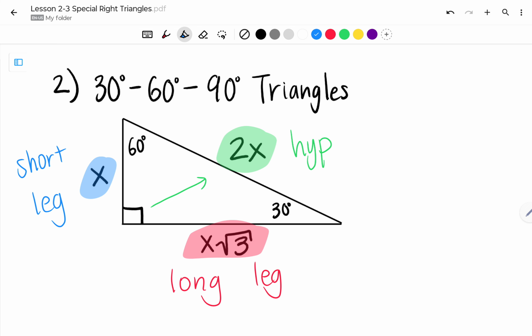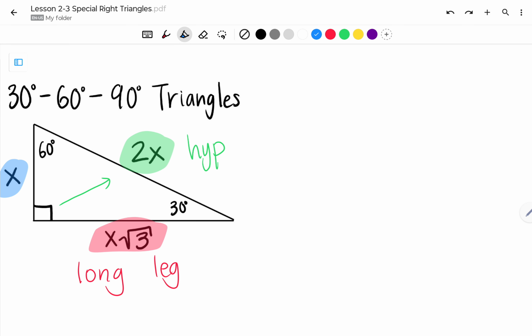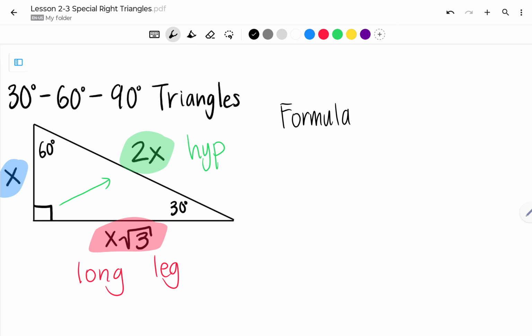So if we have some number x as the short leg, right, the hypotenuse is going to be double the size, and then the long leg is going to be square root of 3 times that side, okay? So that's our formula here. So this one, there's 2 formulas, okay?